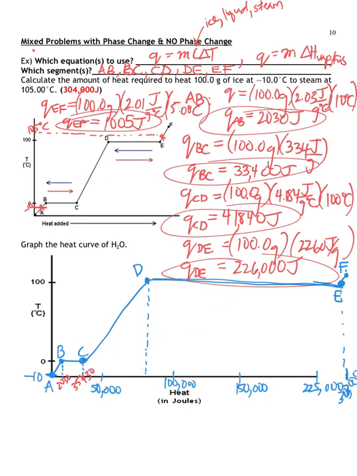I'm just adding as I go, additive values here. 41,000, that's 77,270. And once again, this one is 303,270. Okay.